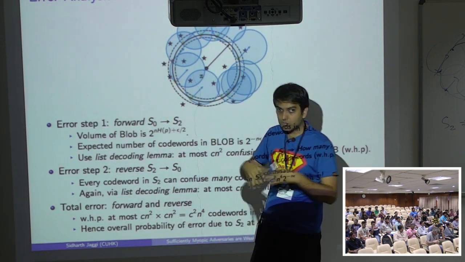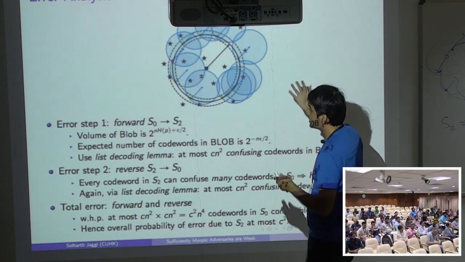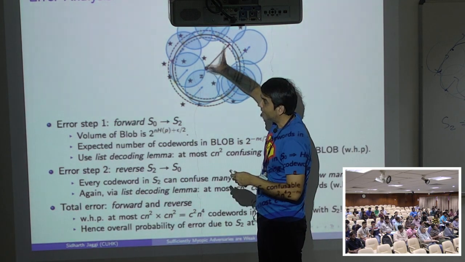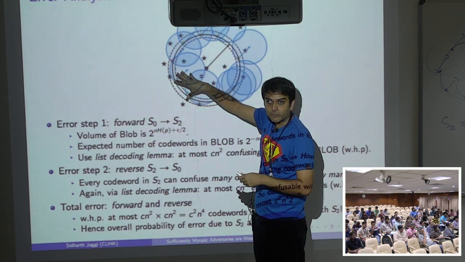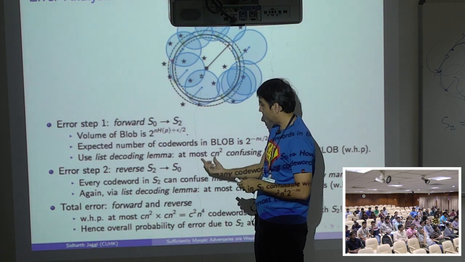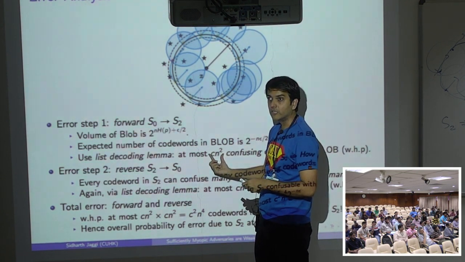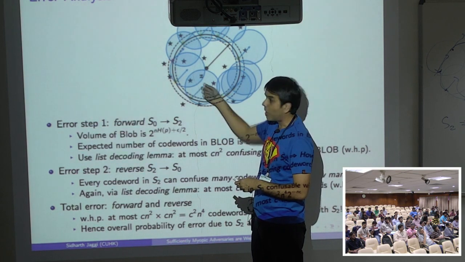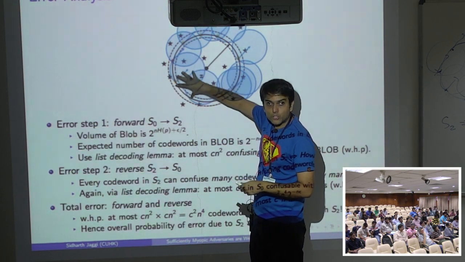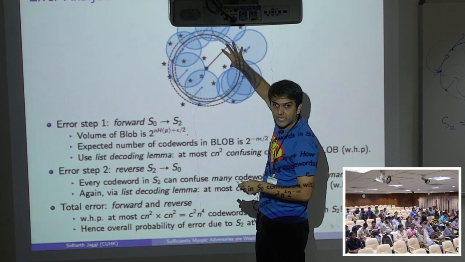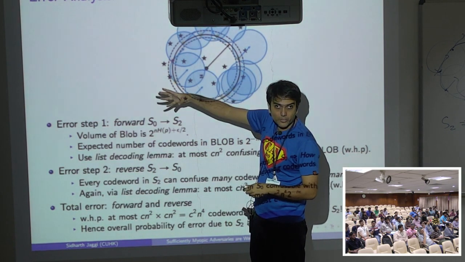Okay, so that's very good progress, right? Because now it looks like we have the following argument. There are only maybe n² confusing code words from Bob's point of view, but there are 2^(εn) potential things that could have been transmitted from James's point of view.